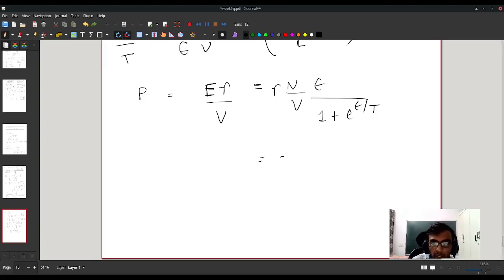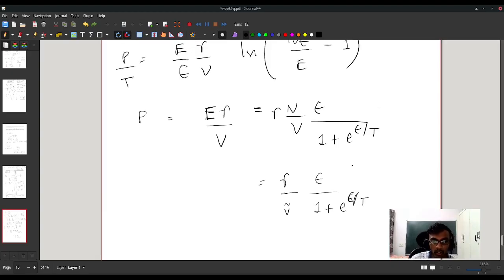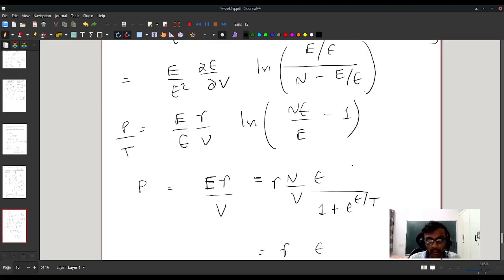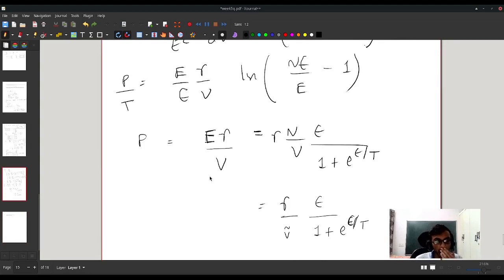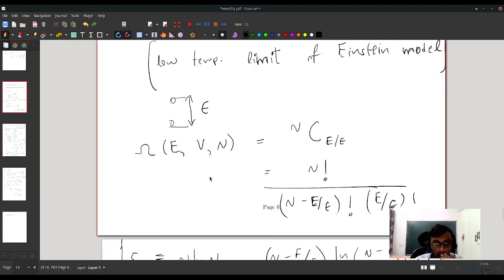So finally we have it as gamma times gamma by v tilde. Finally we were able to express the pressure in terms of whatever is required.